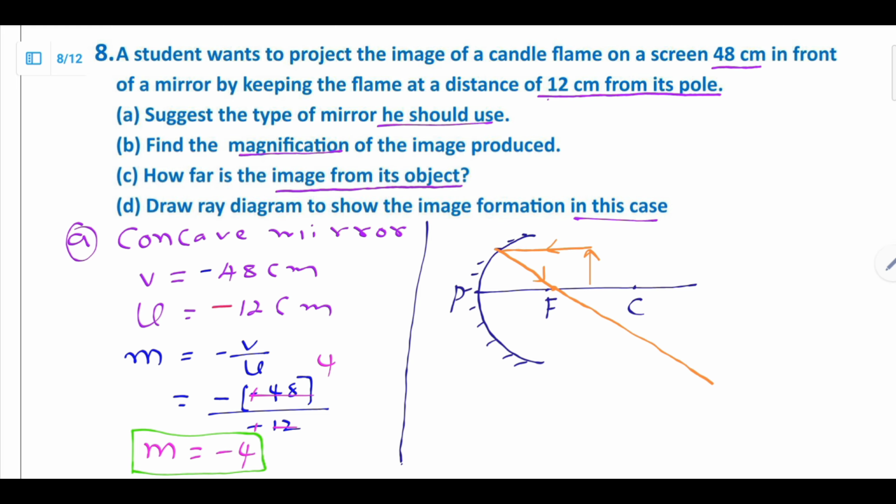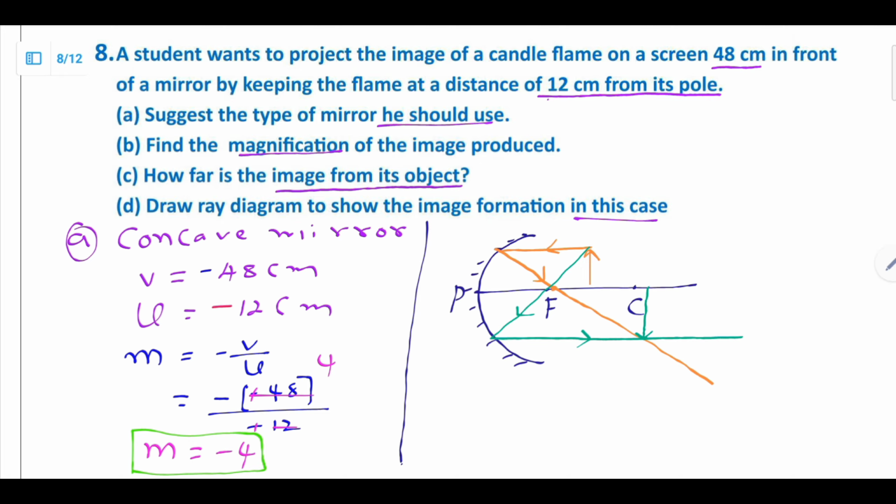Next rule: if the light ray is incident through the focus, after reflection, it passes parallel to the principal axis. So the image is formed behind the center of curvature, whose size is more than the size of the object, means it is real, inverted and enlarged.